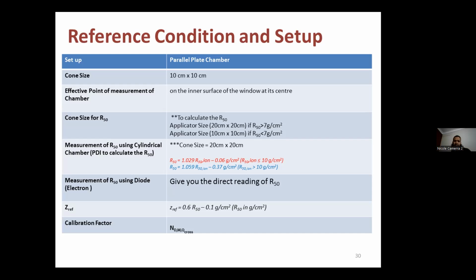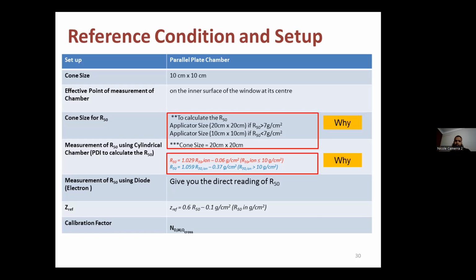If you don't have that in your software, you can use R50 ion, and there are two equations here which they have explained. You can use these equations. Do you know why you have to use this equation to convert R50 ion to R50? This is one of the common questions they will ask you in the exams.